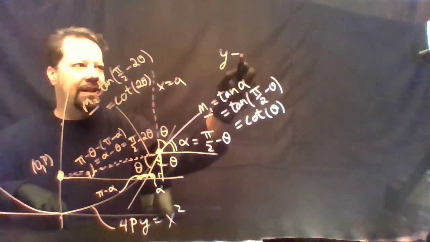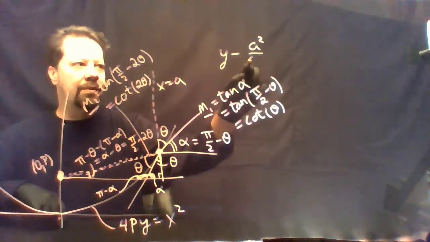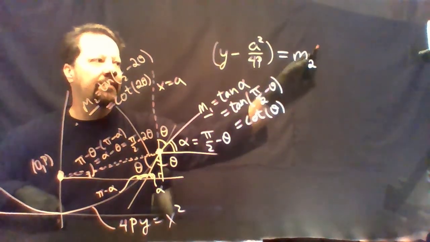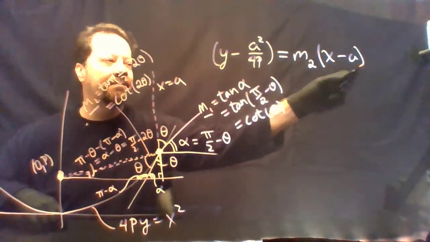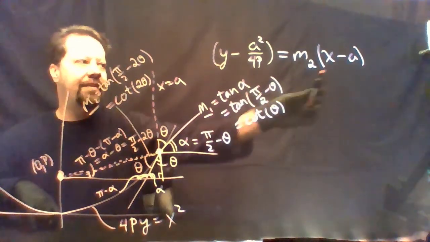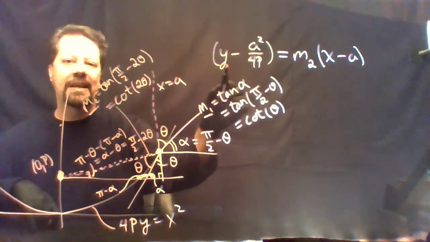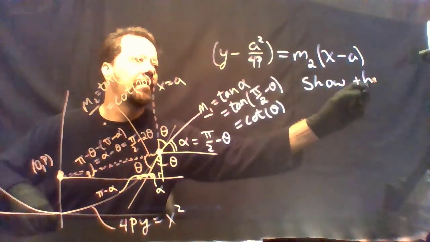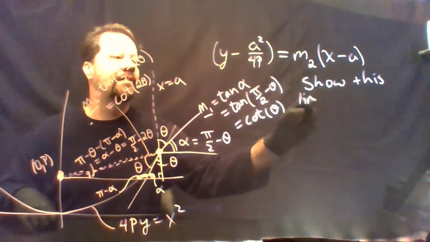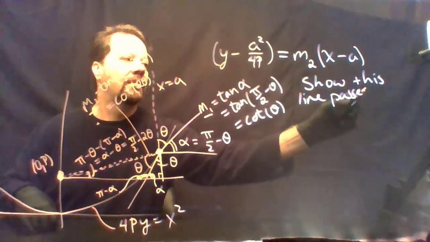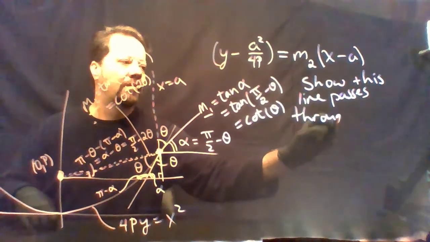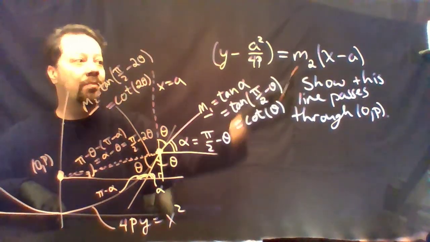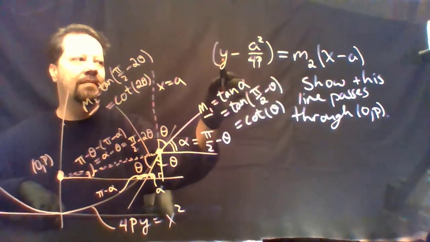The y value should be a squared over 4p, equals m2 times (x minus a). Our goal is to prove that if x equals 0, then y equals p. We need to show that this line passes through (0, p). So we'll set x equal to 0 and solve for y.